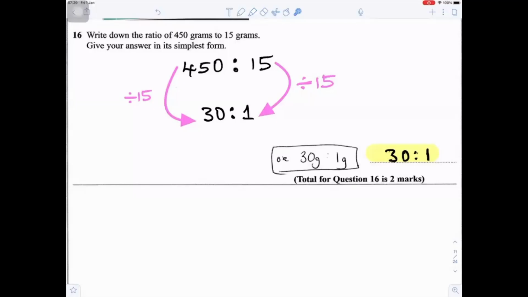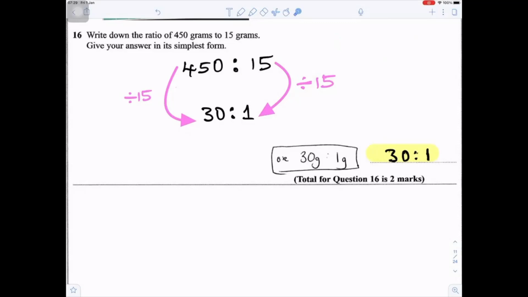Write down the ratio of 450 grams to 15 grams. Give your answer in the simplest form. So 450 grams is to 15 grams.